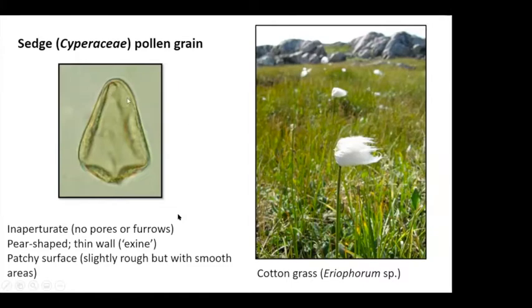What you can see here is it takes on a sort of pear-shaped appearance, and this pollen grain wall is very thin in many places, and it's got quite a patchy surface as well. Some of it's slightly rough, but with smoother areas. This can actually be quite a fragile pollen grain, can often be found damaged within your pollen samples, and a little bit harder to identify as a consequence of that.